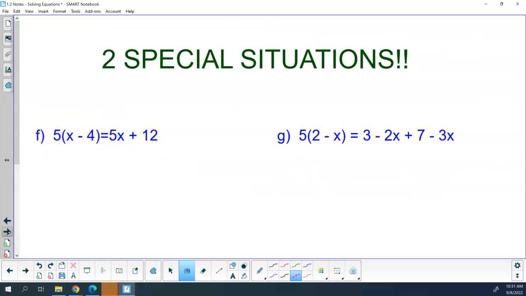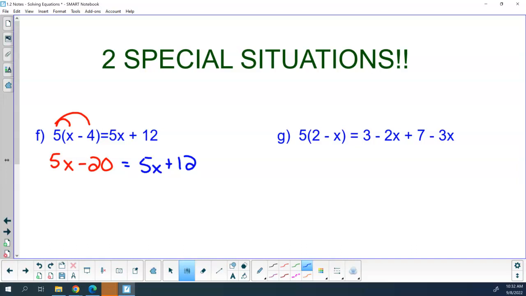Two special solution type cases. Okay? So if we go about solving this first one, I would first off distribute the 5 into there. That would give me 5x minus 20. Anybody see an issue?